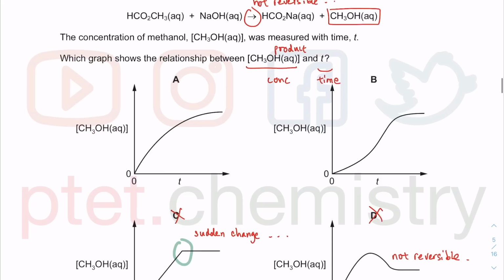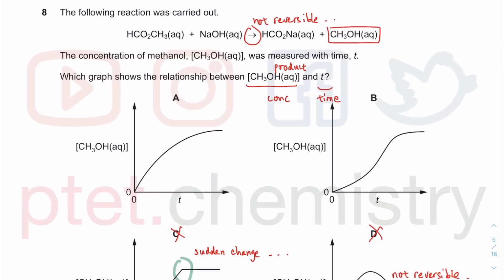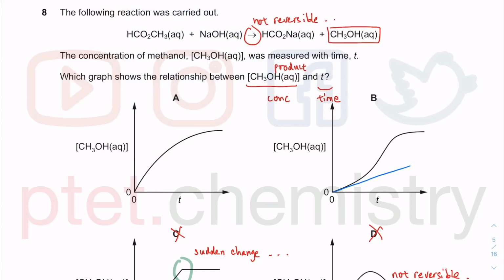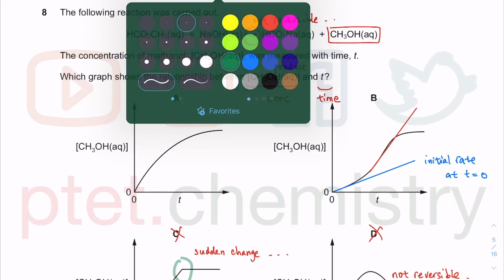Now between A and B, which one is going to be correct? What information is there? We can tell that here your rate is going to be like that. There's an initial rate because this is the tangent at time equal to 0. I drew a tangent, and then I drew another tangent at this time here, and then a final tangent in green here.